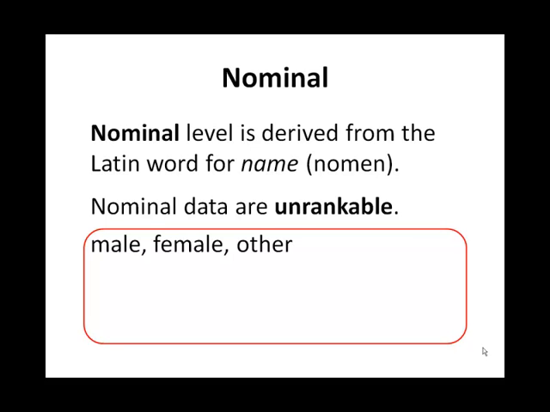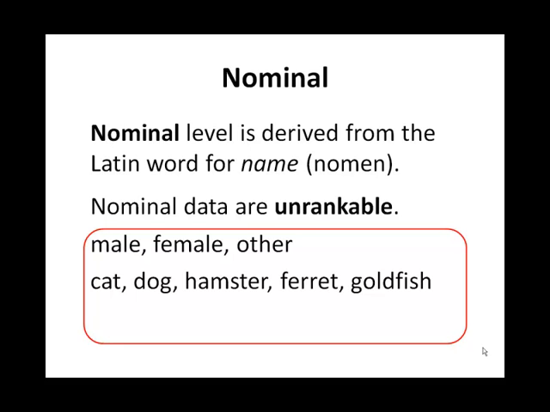We might say that people fall into the category of male, female, or other. So, we think in terms of sort of someone's physiology. So, we might think in terms of pets, in terms of common sorts of pets in North America are things like cats, dogs, hamsters, ferrets, and goldfish, right?